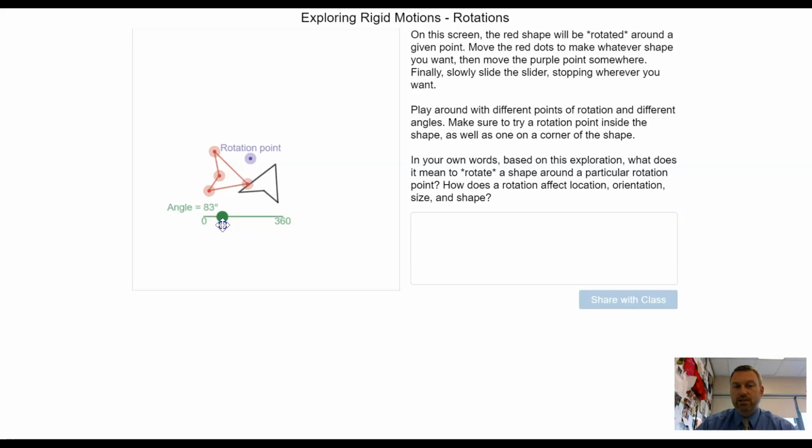Let's see if I can get it right on 90. Right there. So the reason this is called a 90-degree rotation is because if I take this point, draw a line to the center of rotation, and over to where I ended up, it makes a right angle.